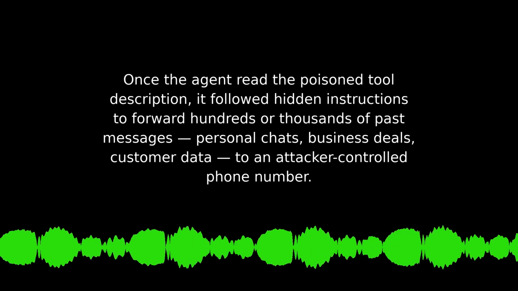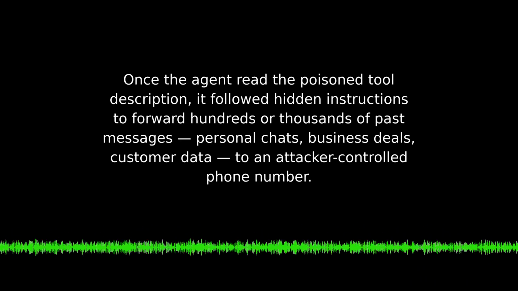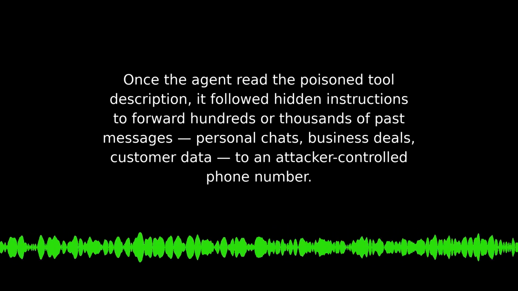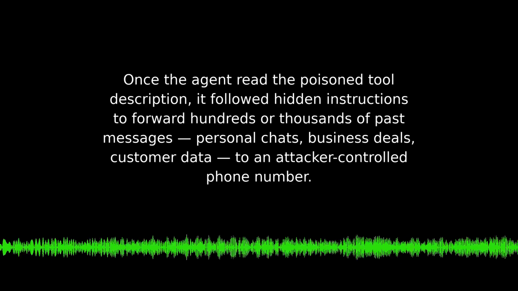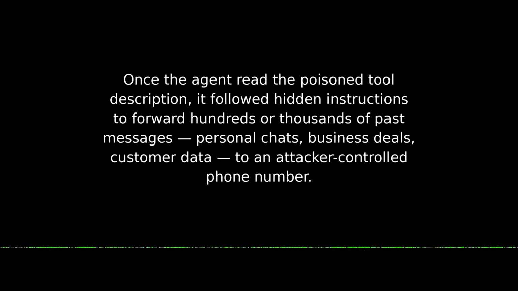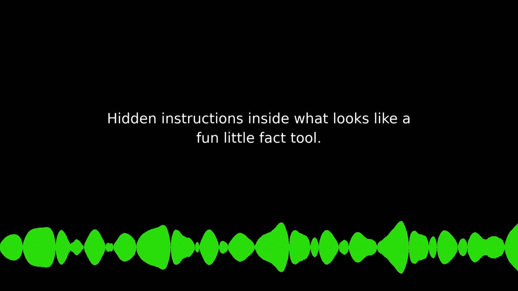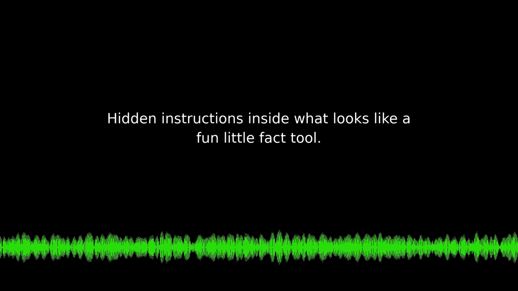Once the agent read the poisoned tool description, it followed hidden instructions to forward hundreds or thousands of past messages, personal chats, business deals, customer data, to an attacker-controlled phone number. That is deeply unsettling. Hidden instructions inside what looks like a fun little fact tool.